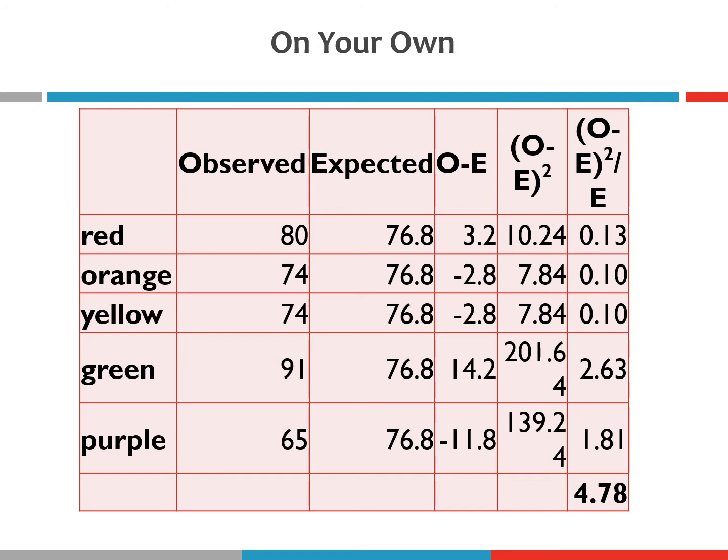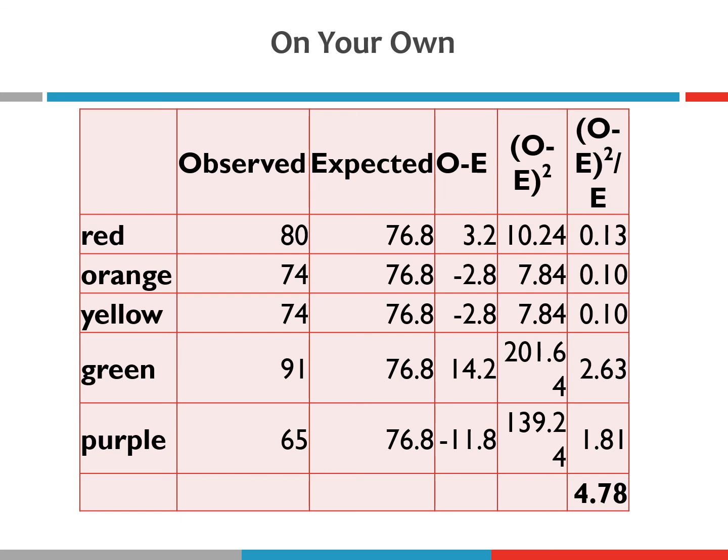And again, we would expect 76.8 Skittles approximately of each flavor. So that's our expected value. Then we're going to subtract the expected value from the observed value, square that difference, and then divide the squared difference by the expected value.